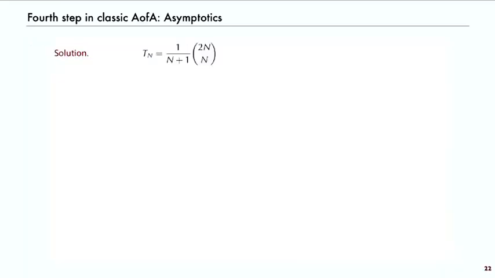For example, for our problem, we have this solution 1 over n plus 1, 2n choose n. And actually, to put it in a convenient form for applying Stirling's approximation, we just write that as e to the log of it. And so the log of 2n choose n is log of 2n factorial minus 2 log of n factorial.